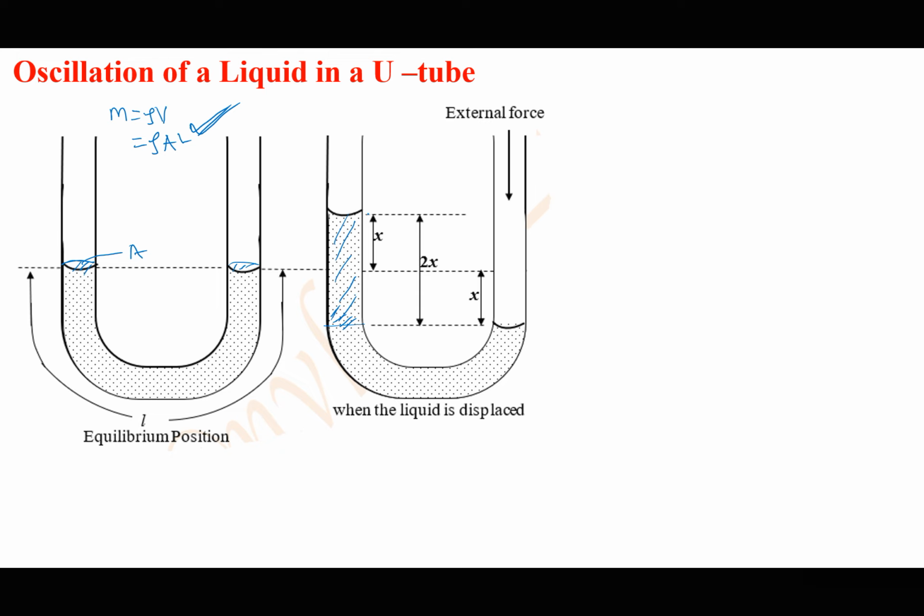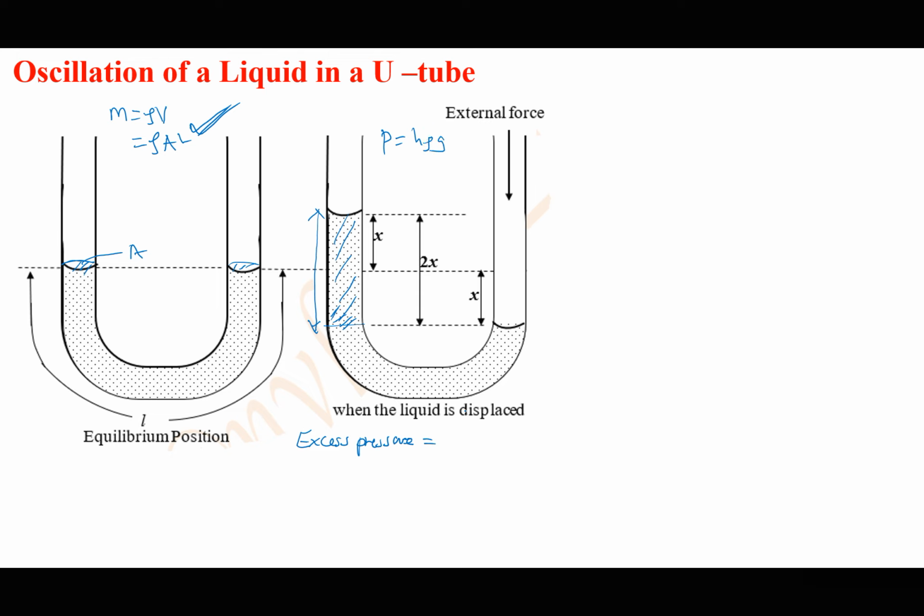That means the pressure on the left-hand side is greater, or in excess, compared to the pressure on the right-hand side due to this height here. So this height gives us the excess pressure on the left-hand side as compared to that on the right-hand side. Remember, pressure due to the liquid is h times density times g.